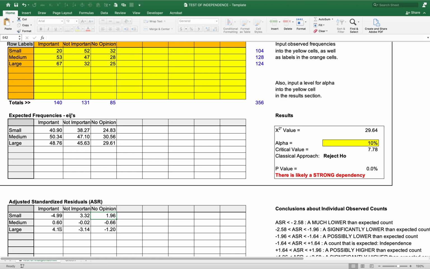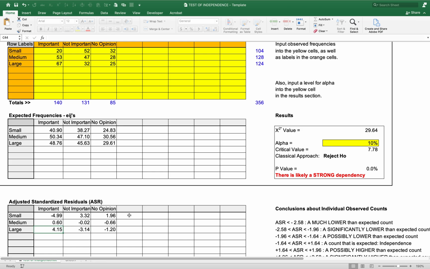Let's take a look at large. In large, it's exactly the opposite here. So we've got a very large standardized residual here, and that would indicate then that the larger businesses place much more importance on advertising, and there's far fewer of them that place no importance on advertising than we would expect.